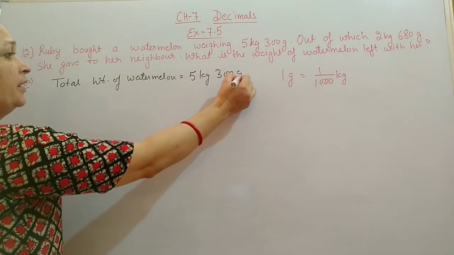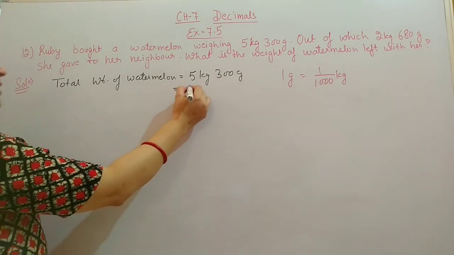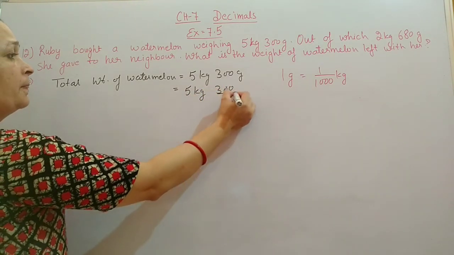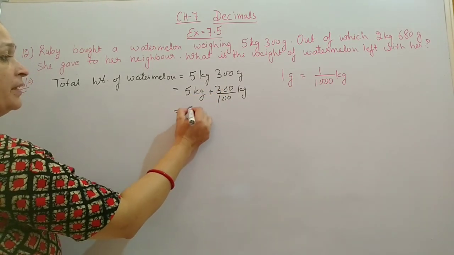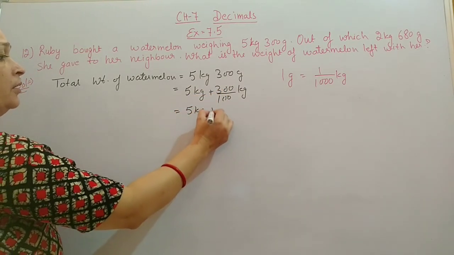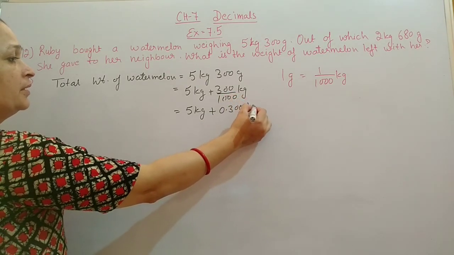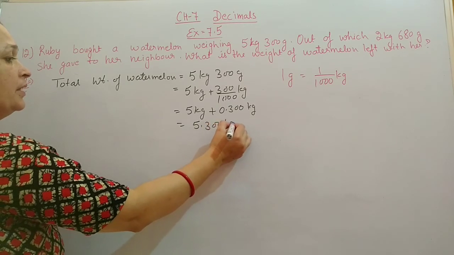This 300 gram we will change into kg. To change gram into kg, we have to divide by 1000. So it will become 5 kg and 0.300 kg, which we can write as 5.300 kg.